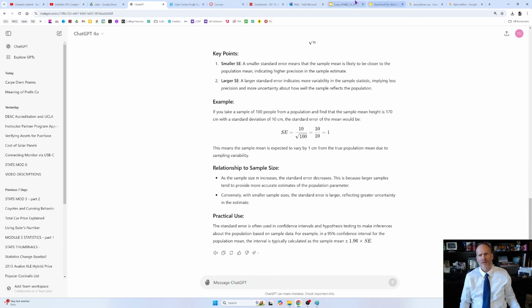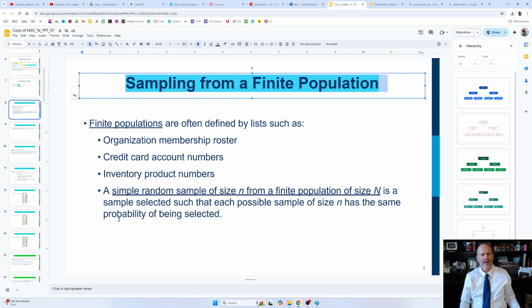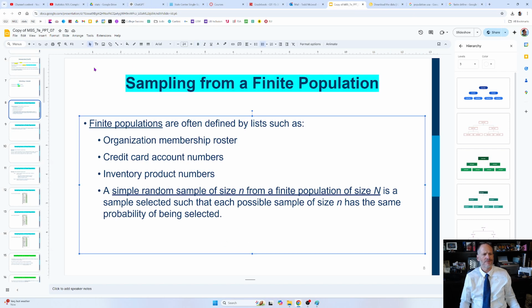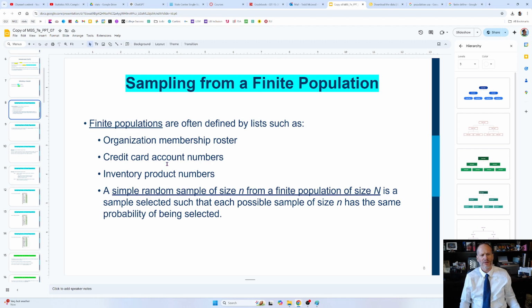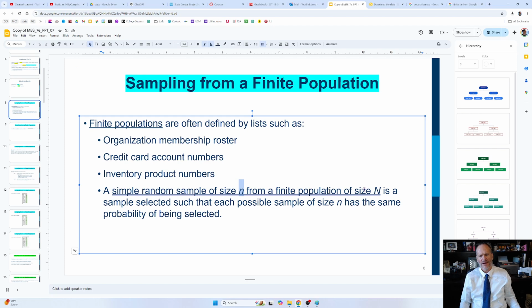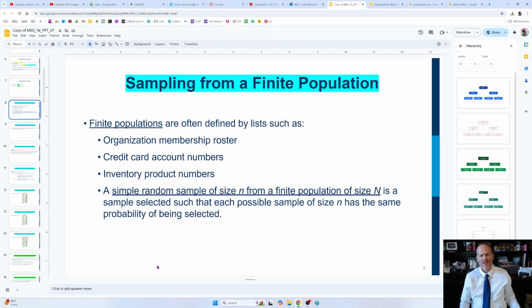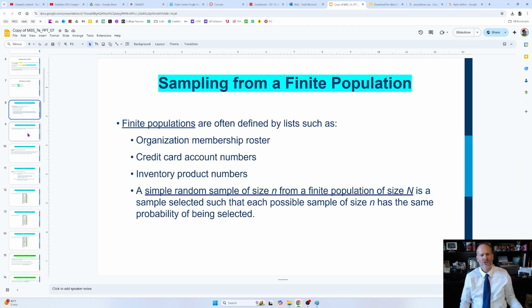So let's come back to our presentation here, and we saw some examples of finite populations. A simple random sample of size n from a finite population of size capital N is a sample selected such that each possible sample of size n has the same probability of being selected. So how do you choose your sample?